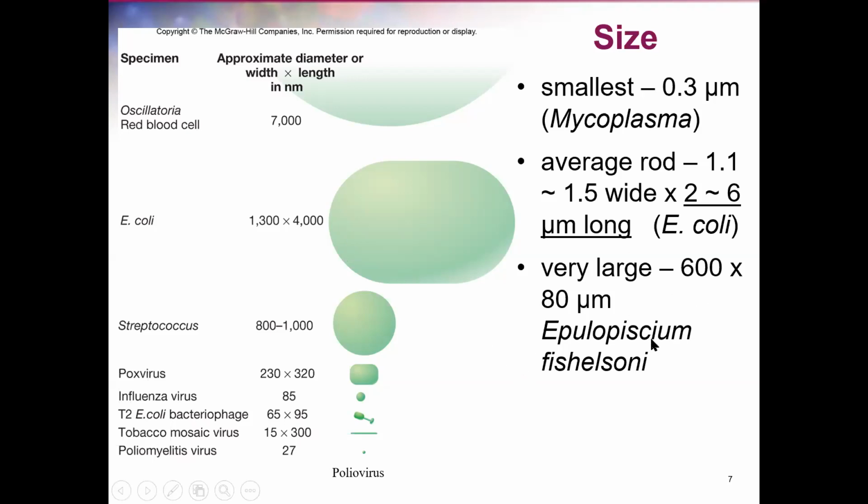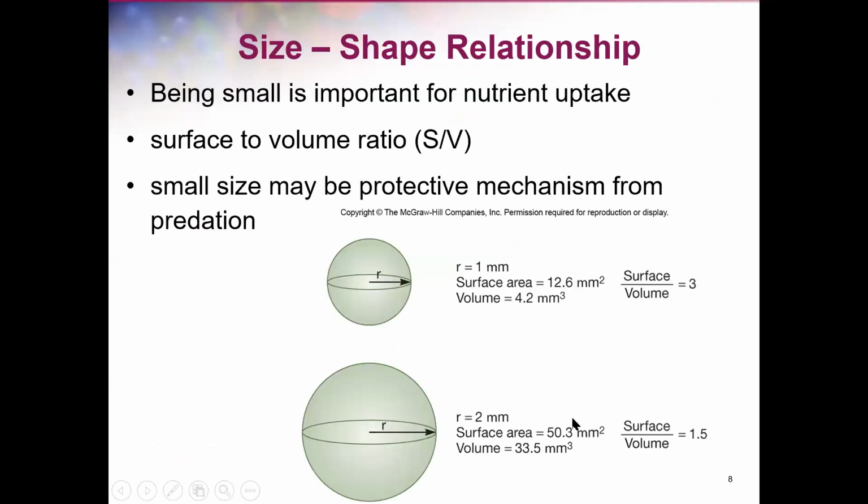And some bacteria are very large. This is a bacterium originally isolated from a kind of fish. The diameter is 80 micrometers, compared with the common 2 to 6. Then you see the small size is actually good for microbes. Here is an example: when the radius is 2 millimeters, if you reduce it to 1 millimeter, we can calculate the ratio of surface to volume.